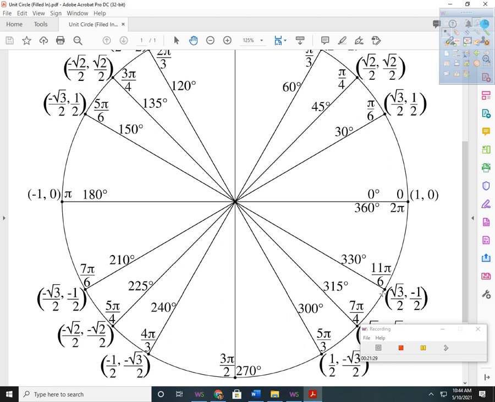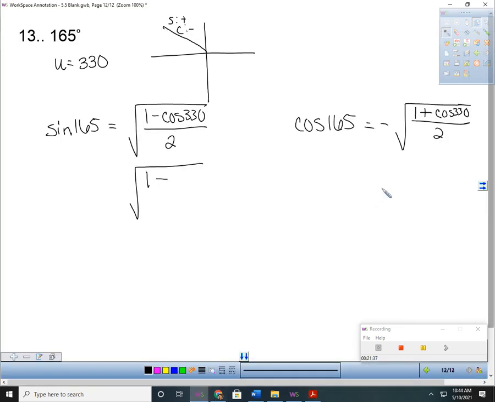The cosine of 330 is the x value, so square root of 3 over 2. Same thing over here, but this would be 1 plus the square root of 3 over 2, all over 2.